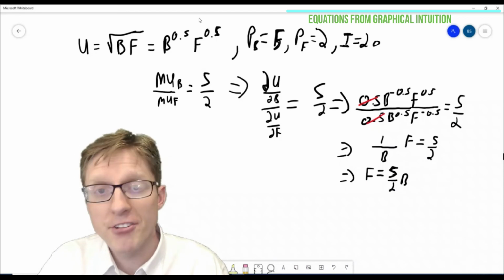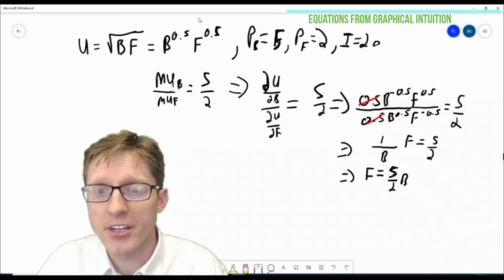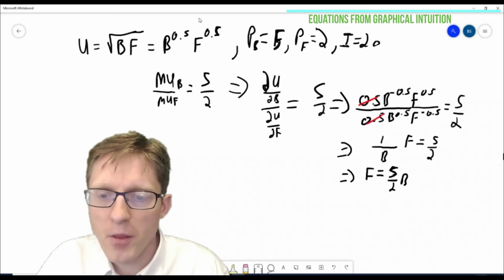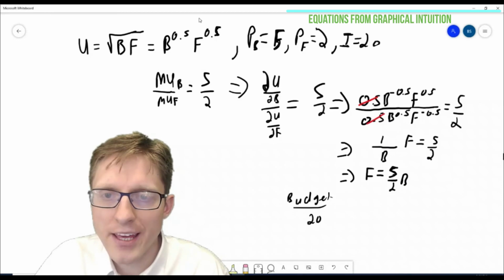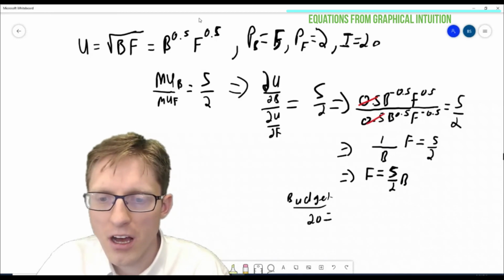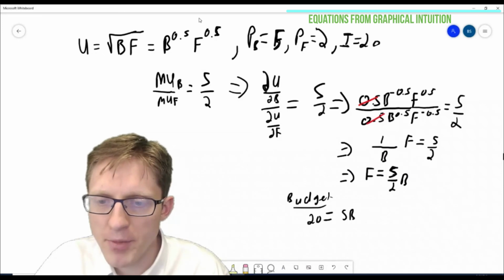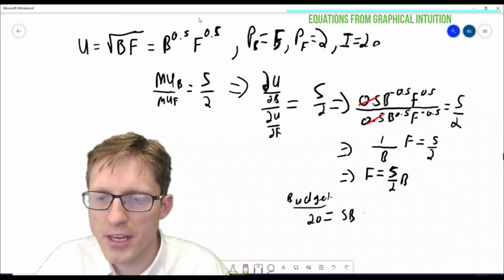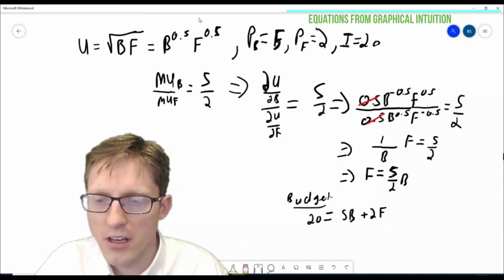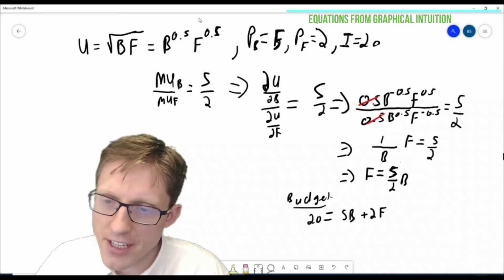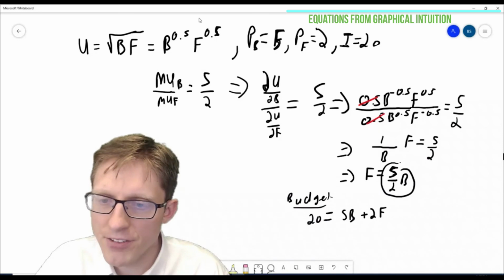So what we're actually going to do is use the information from the budget constraint to help us solve the problem. From the budget constraint, we have that 20 is equal to the price of B, which is 5, times the amount of B consumed, which is just represented by B, plus the price of F, which is 2, times the amount of F consumed. Now we could plug in what we found F is equal to.